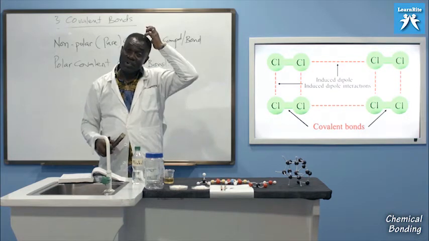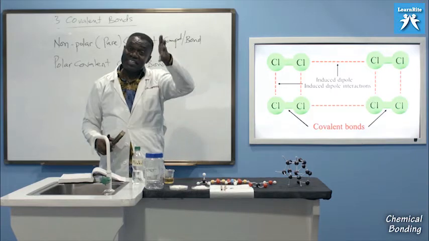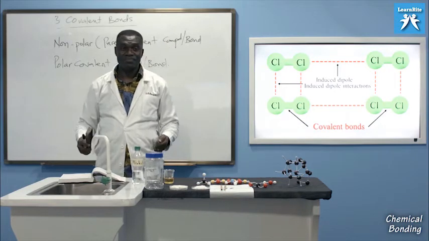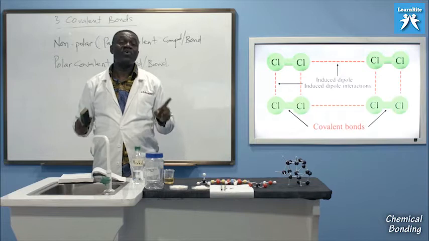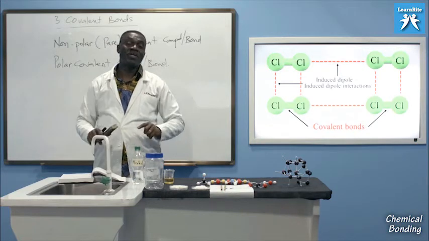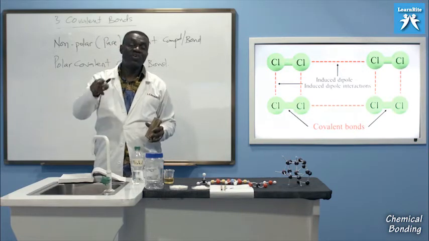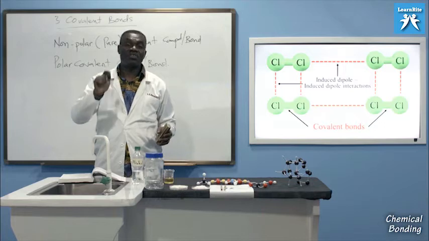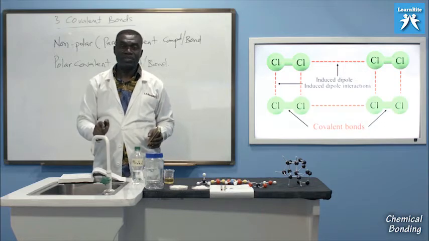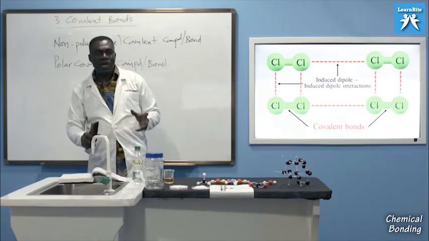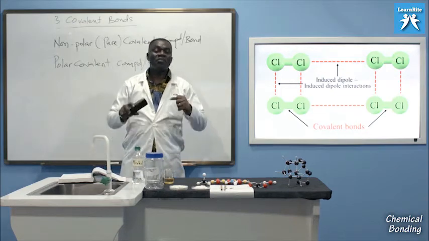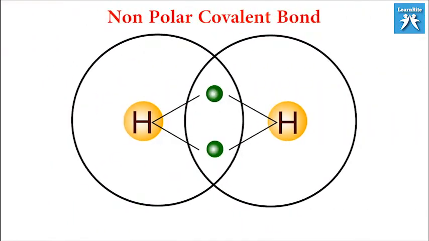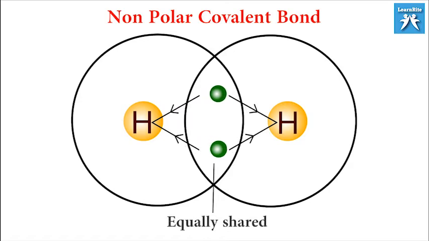Remember that a covalent bond is a shared pair of electrons between two atoms. We are still on covalent bonds, and so anything that we are doing will refer to that covalency. Covalency simply means sharing of electron pair. So when we say something is nonpolar, it is because the two electrons to be shared are equally shared between the two atoms taking part in the bond.